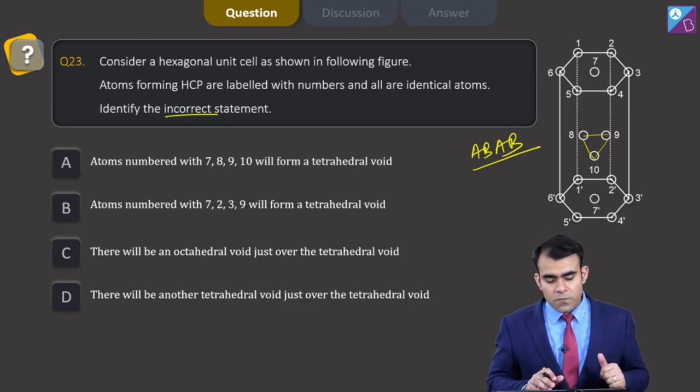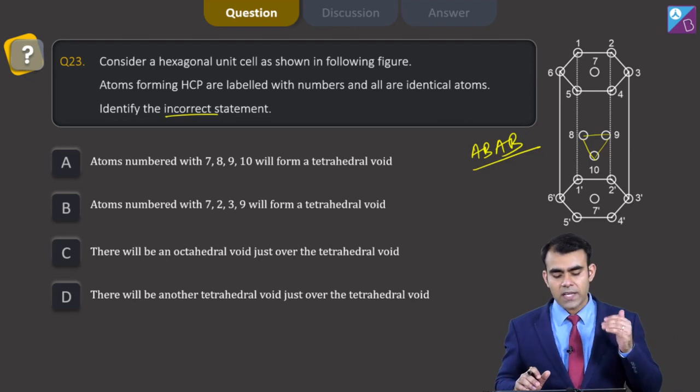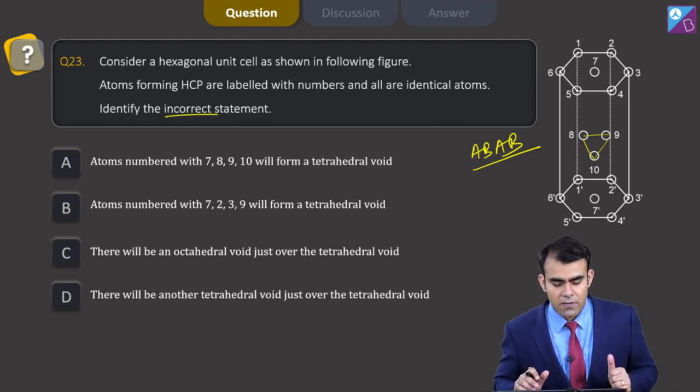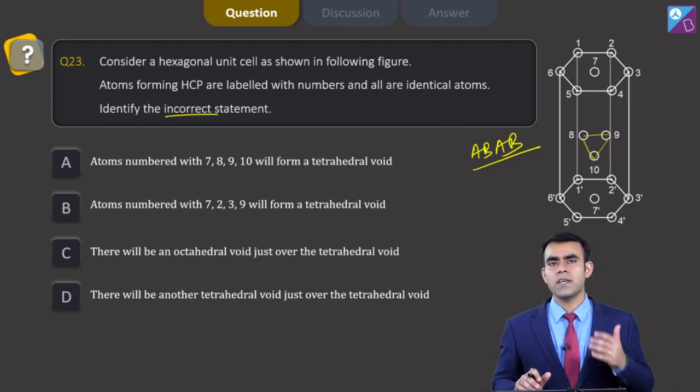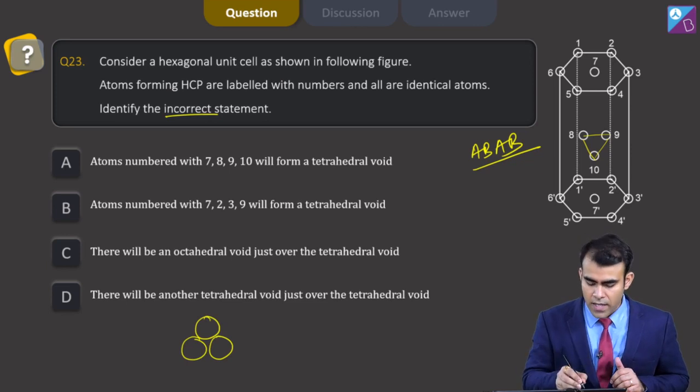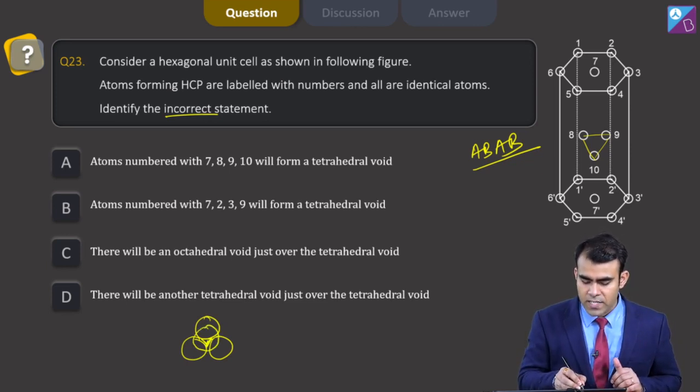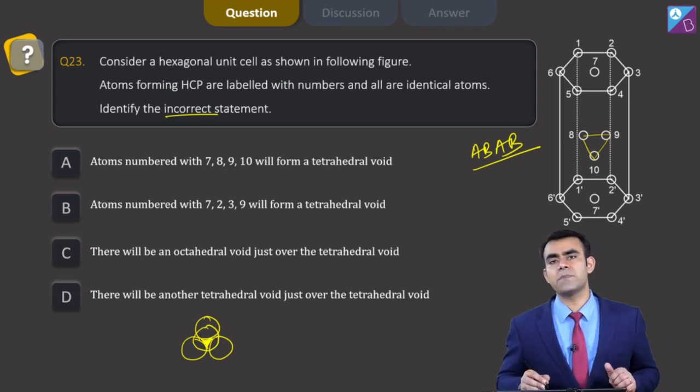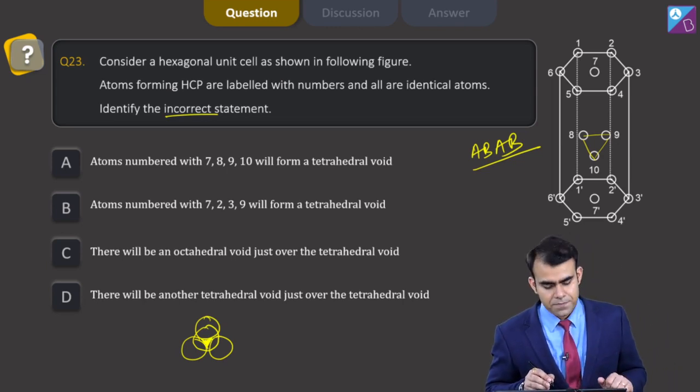Just remember this, they will do this intentionally, they will write an incorrect statement and you have to look for that. So the first statement is atoms numbered 7, 8, 9 and 10 will form a tetrahedral void. A tetrahedral void is formed when I have three atoms like this and one atom above this. So the type of void formed here is a tetrahedral void.